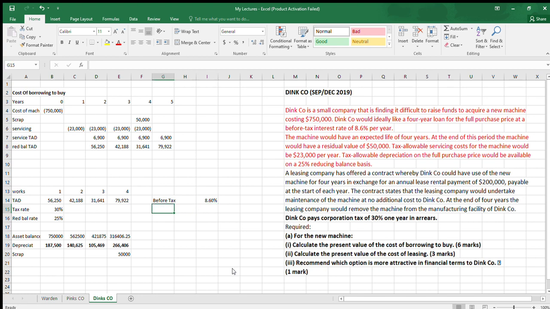We have our tax rate, which is also 30%. And after setting this up, you bring your reducing balance rate, which is also 25%.